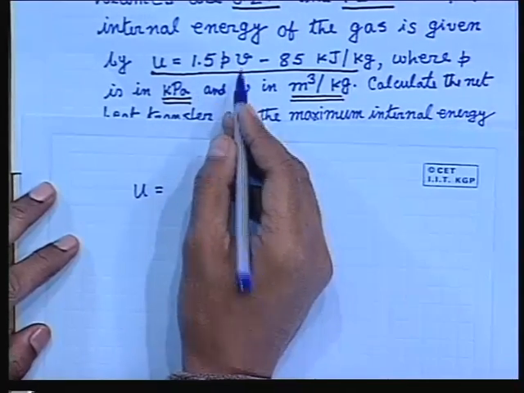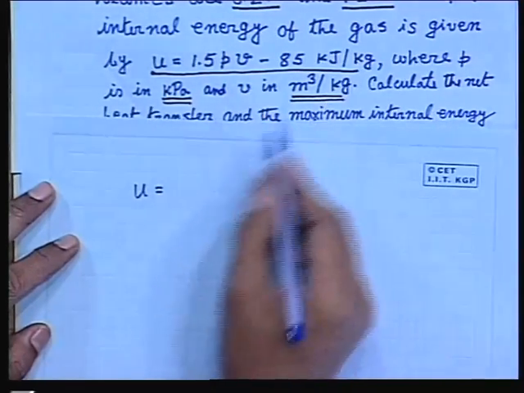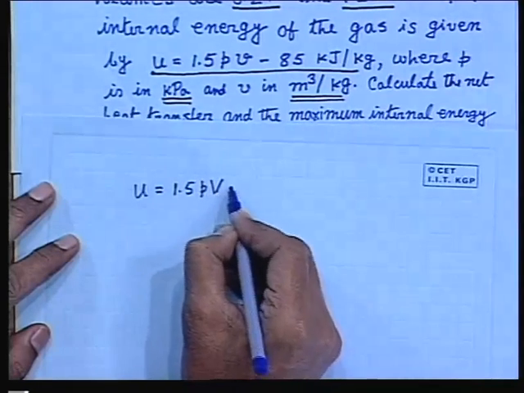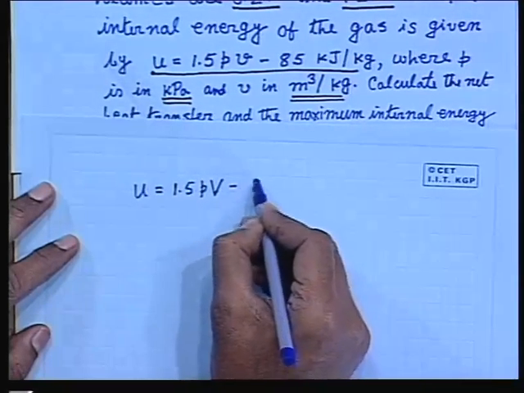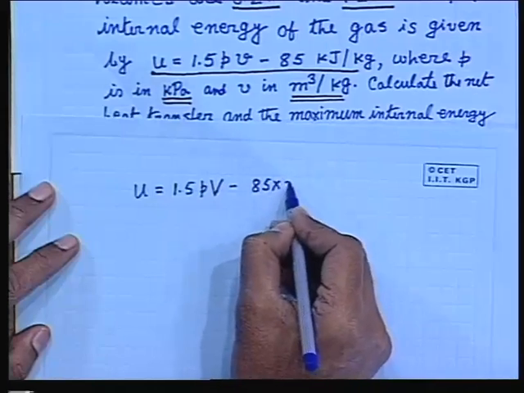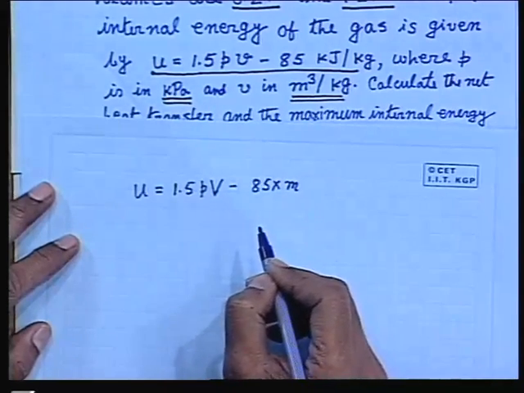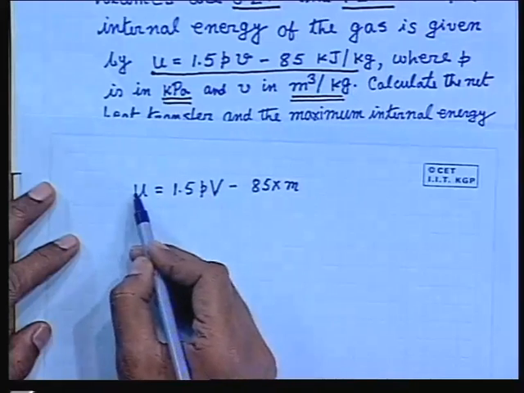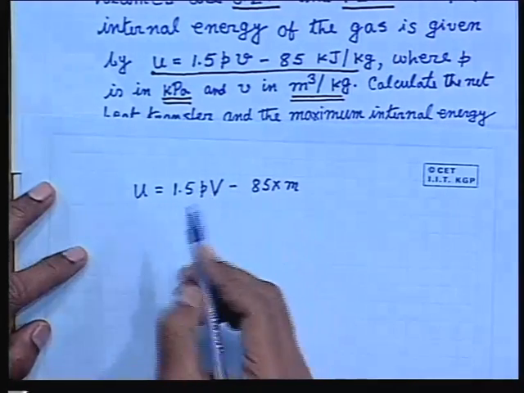V is also meter cube per kg. So I will write the equation in this fashion, minus, into mass of the gas. So this is the relationship between the pressure, volume and the total internal energy of the system.